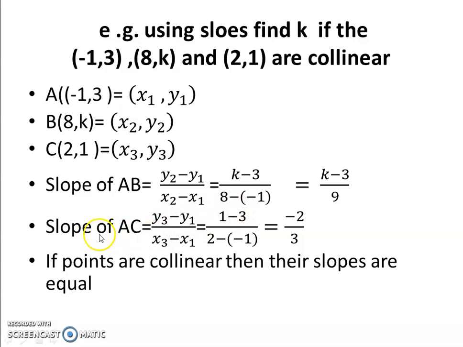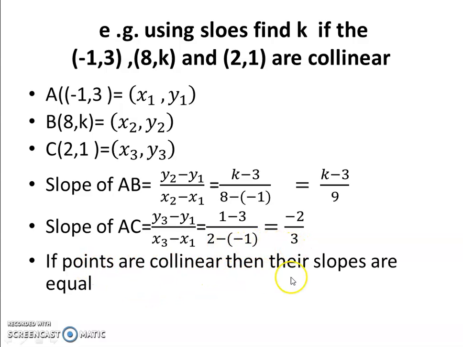Next, the slope of AC: we fix the point A. So AC is given by y3 minus y1 upon x3 minus x1. y3 is 1, y1 is 3, x3 is 2, x1 is minus 1. So 1 minus 3 upon 2 minus of minus 1, so minus 2 upon 3.